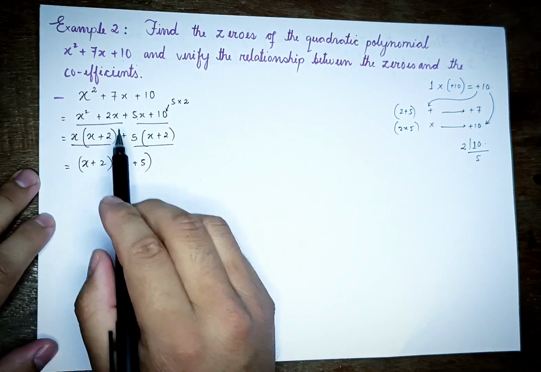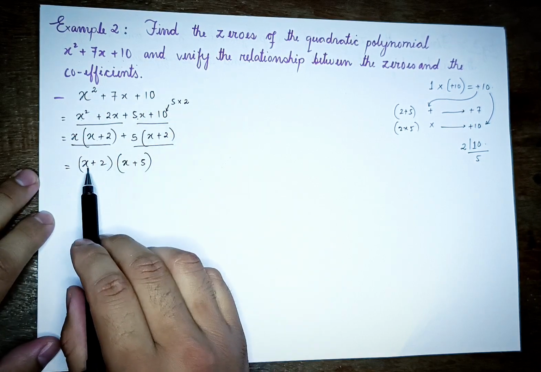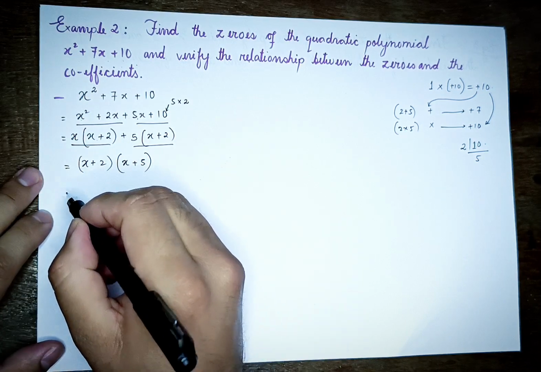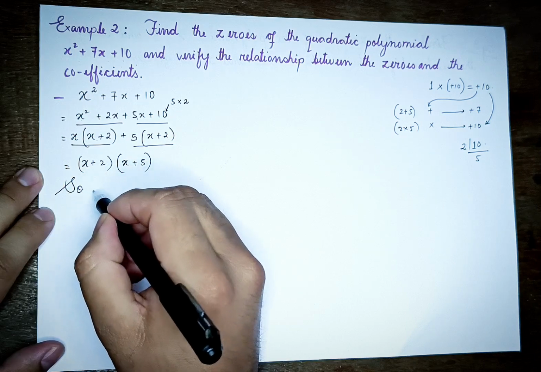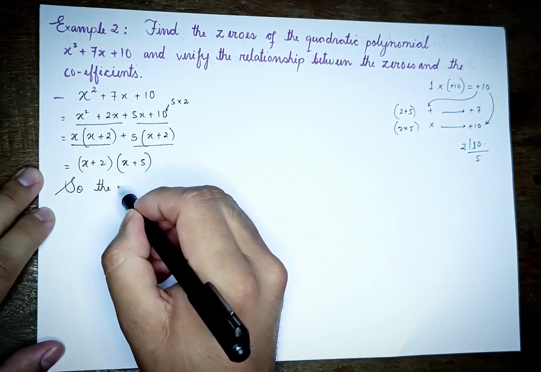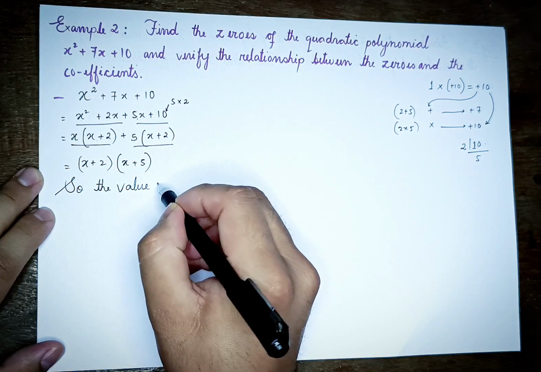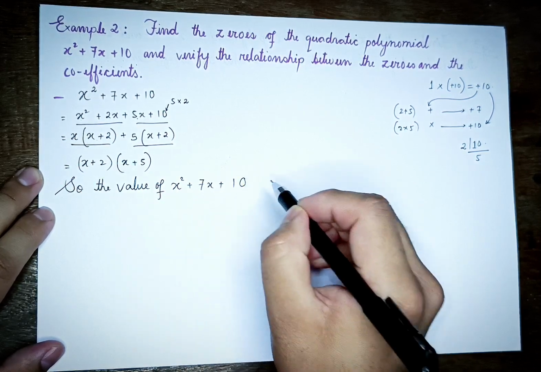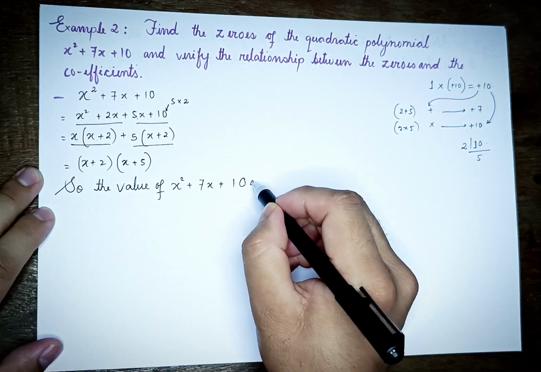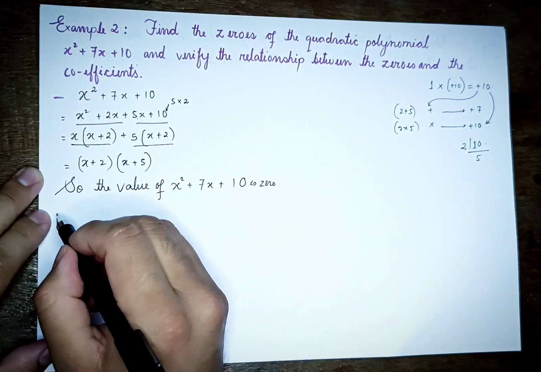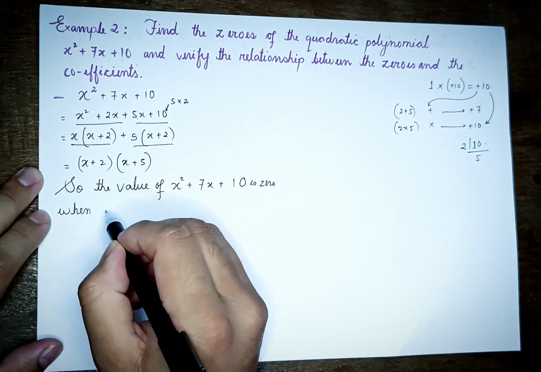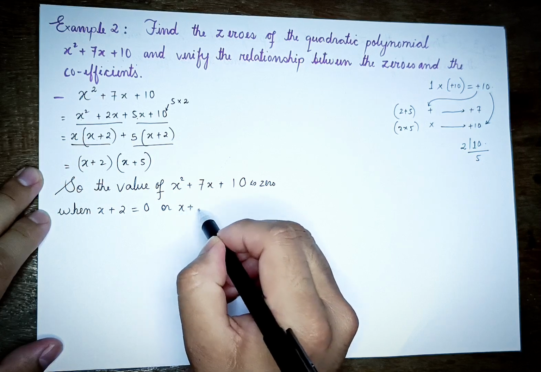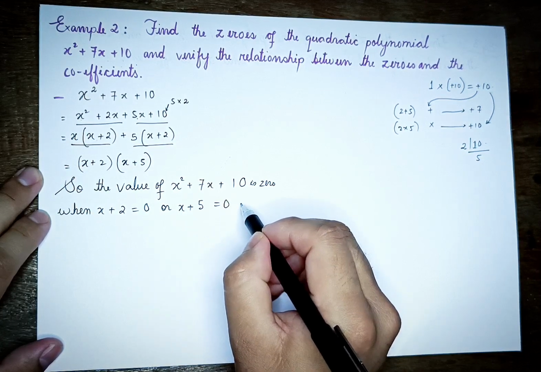So the value of x squared plus 7x plus 10 is 0 only when x plus 2 is 0 or x plus 5 is equal to 0.